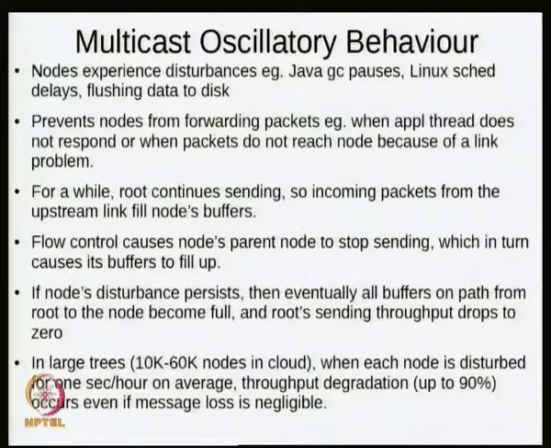In a very large tree, they have shown that when each node is disturbed for only 1 second in an hour, that is 1 in 3600, the throughput degradation can be as much as 90%, even though the message loss is negligible. So it is a dramatic drop even for something like a 1 in 3600 disturbance for each node.